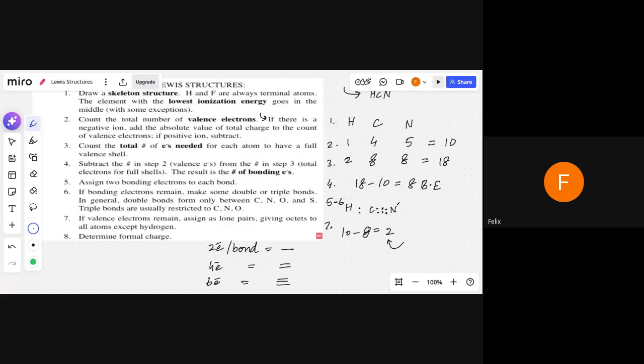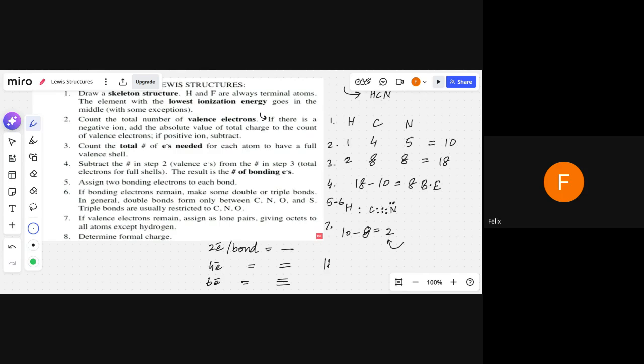So the lone pair cannot be assigned to the carbon atom. The lone pair will go to the nitrogen atom, because you can see that it has only 6 electrons in its outer shell. The 2 electrons of the carbon-hydrogen bond cannot be counted for nitrogen, remember that these are only shared between carbon and hydrogen. So the octet of nitrogen is still incomplete, but when we assign these 2 electrons as a lone pair, that completes the octet of nitrogen, and that is the Lewis structure of hydrogen cyanide.